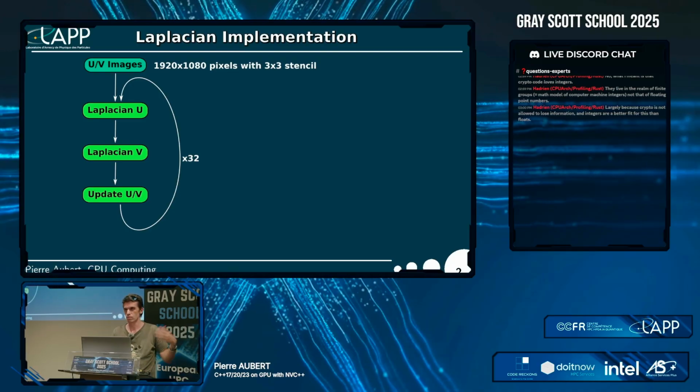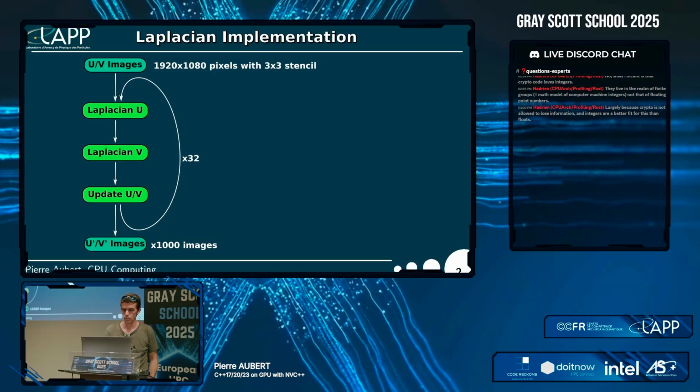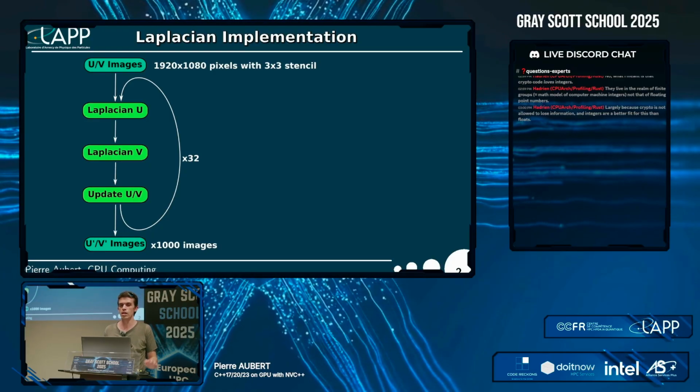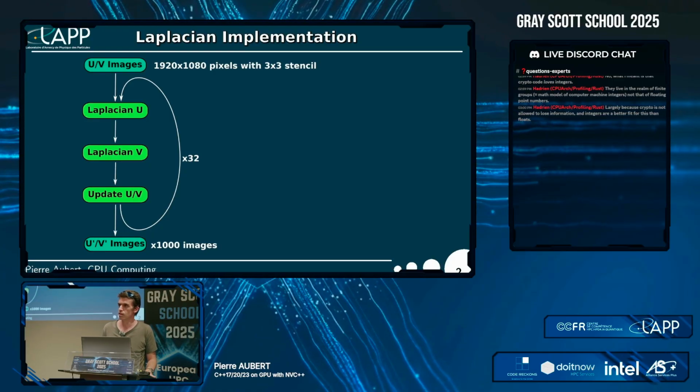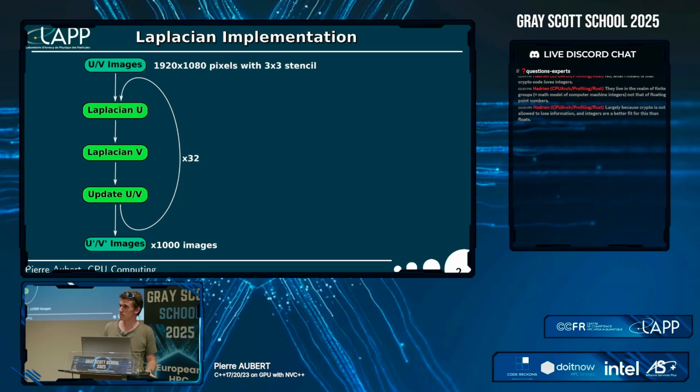And we do that 32 times, and we get our images, and we do that 1,000 times, and that's it. Here we will do a bit less because we'll profile a lot of stuff. Because the point is, of course, I send you a lot of tests, and they are not efficient, and you have to find why and correct them, of course.